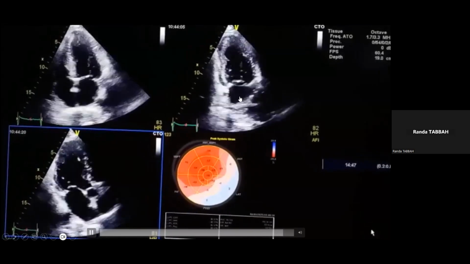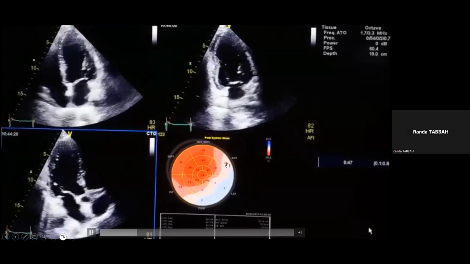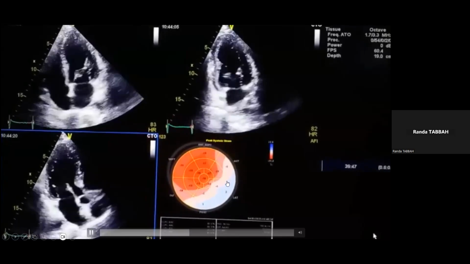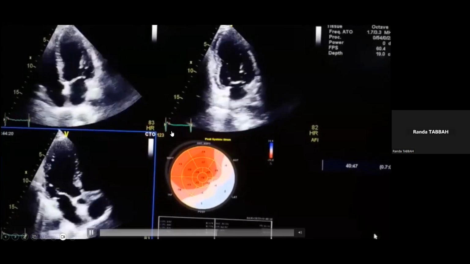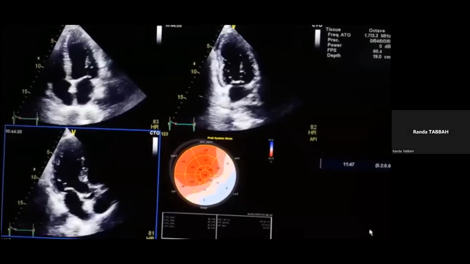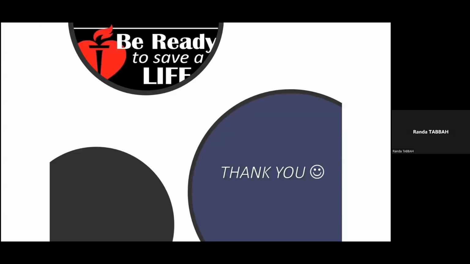In this case, this is a patient with ischemia. It's an adult patient. That's why we have these findings here. But I put this to give you an idea about the strain, how we do it. And are these 3D and strain images just some fancy pictures, or do they give us some added value? So you need to decide about this. Okay, thank you.